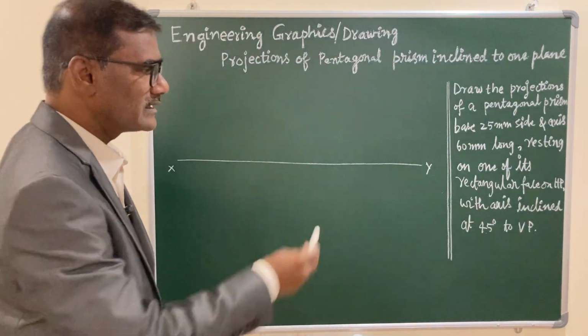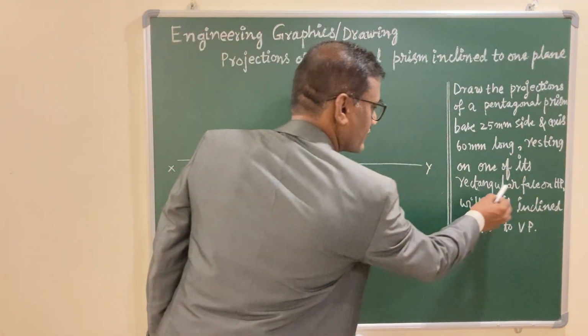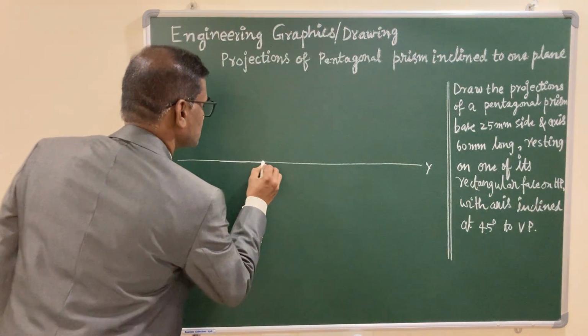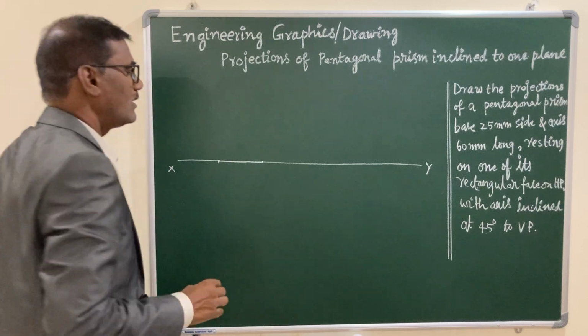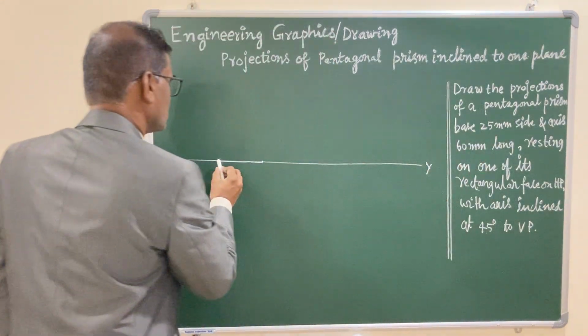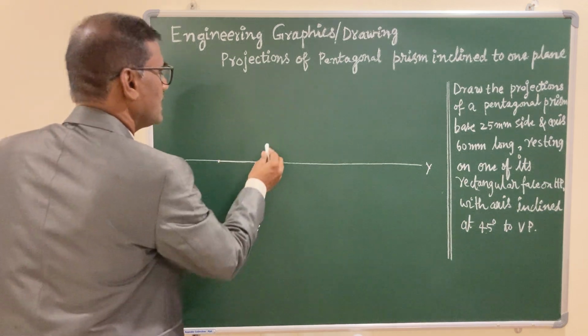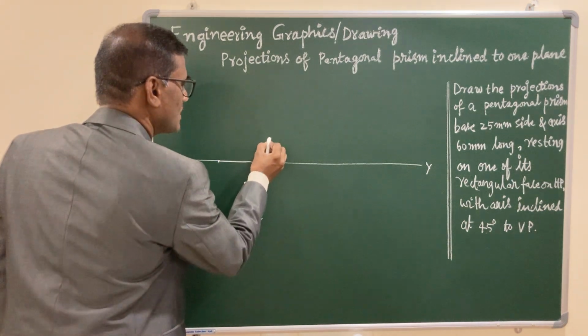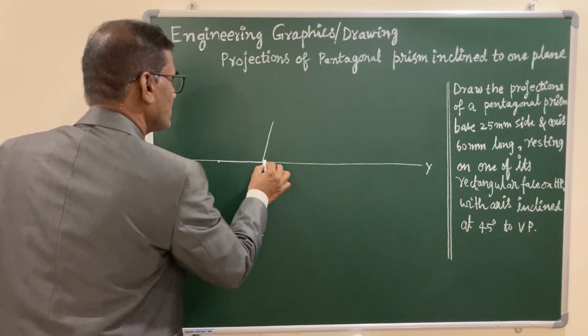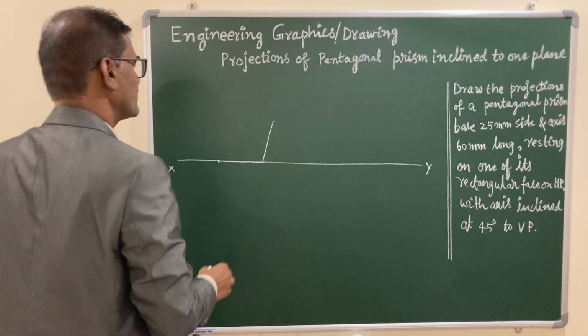It is clearly mentioned that it is resting on a rectangular face. So let us mark the edge on XY. The edge is given as 25 mm. Draw the edge, measure a 72 degree outer angle with the help of a protractor, and mark the length, that is 25 mm.